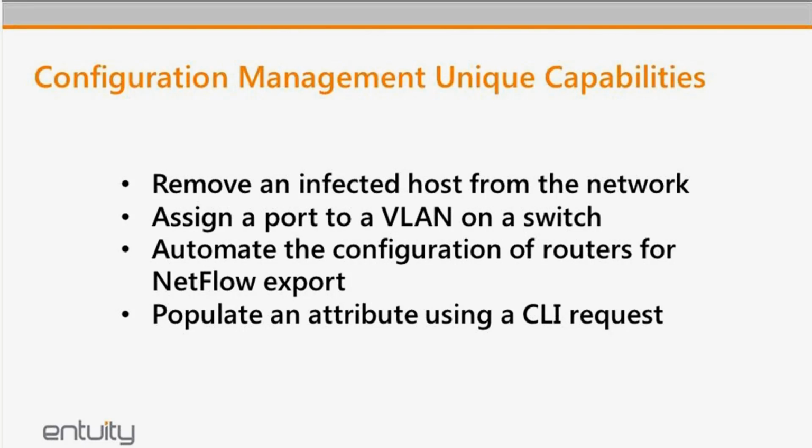Then I'll show how the configuration of routers can be automated to insert a NetFlow export configuration. And finally, I'll show a twist on the use of configuration management in that it can be used to populate an attribute on a device using a command line request instead of SNMP.